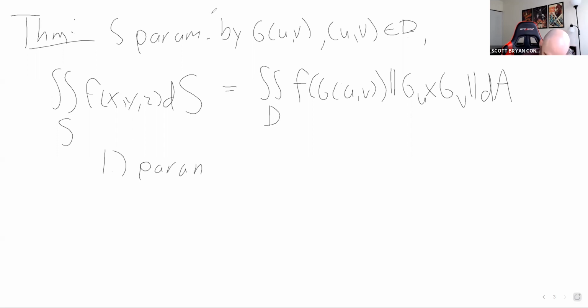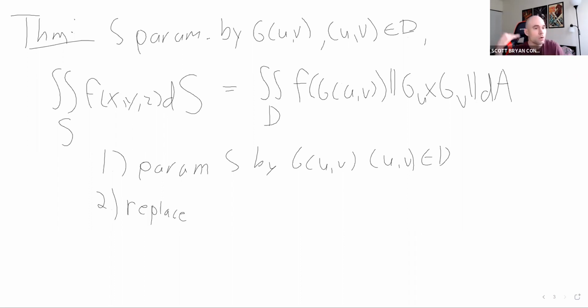So if we need to, which we usually will, we parameterize S if we want to evaluate these surface integrals. And then we replace x, y, and z with parameterizations.